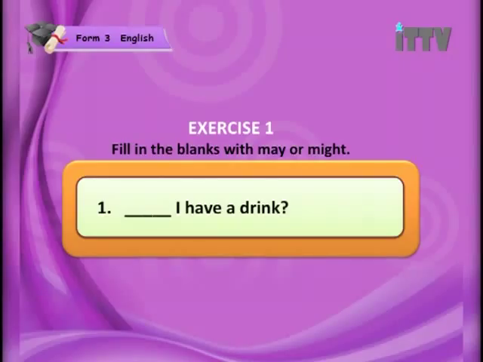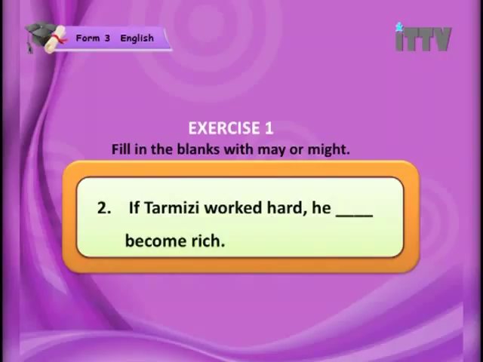Now let's look at the answer. May I have a drink? Now, number 2: If Tarmizi worked hard, he dash become rich.